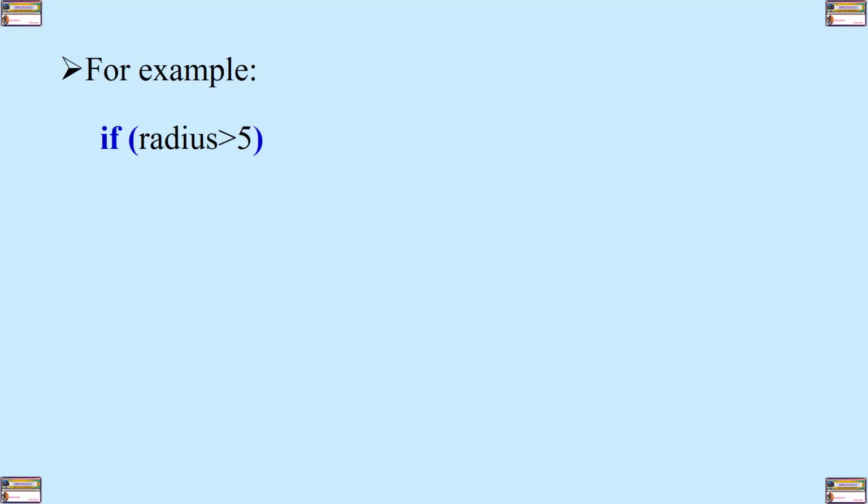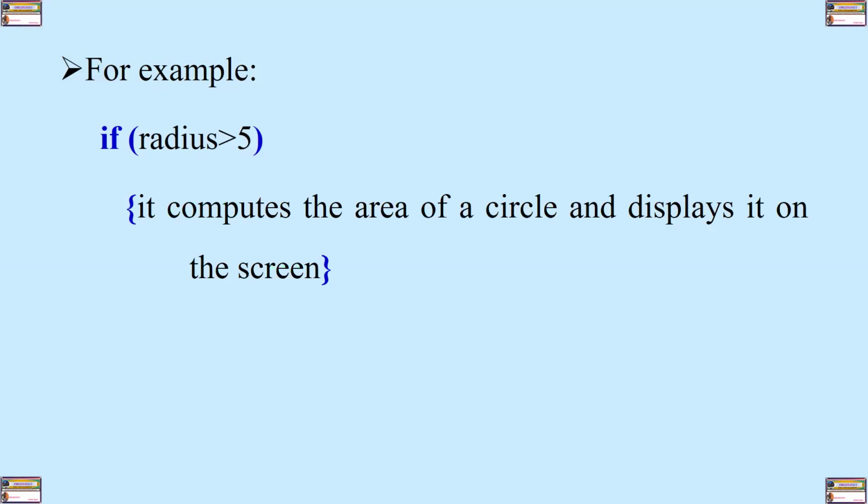So the statements enclosed by this opening and closing braces in blue simply form what you call a block. They will be executed, and once they're executed, the program will proceed. If the compiler finds out that the value of radius entered is not more than 5, then this section of code will be skipped. It will not be executed.